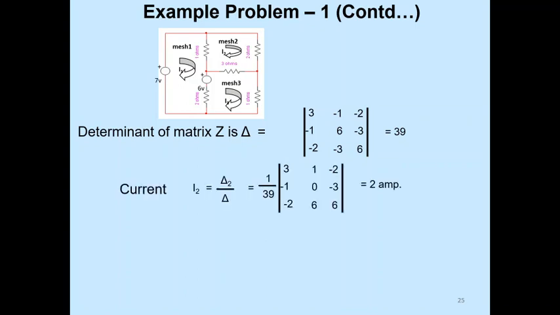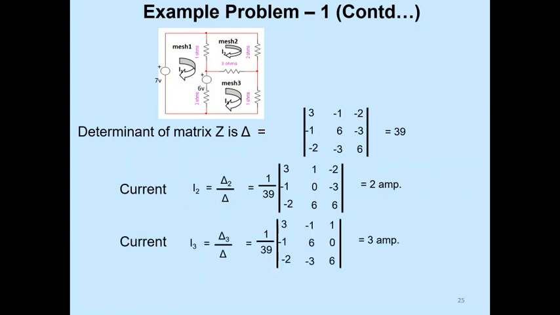Now for finding the current I2, it is delta 2 by delta. Delta 2 means we have to replace the second column by the voltage matrix, and by solving this we are getting 2 amps.